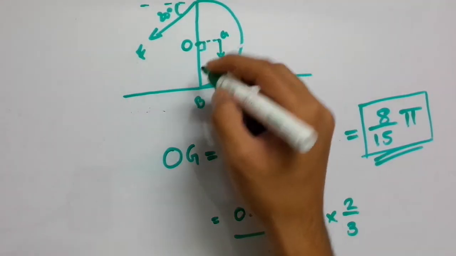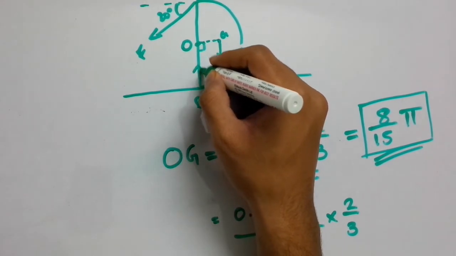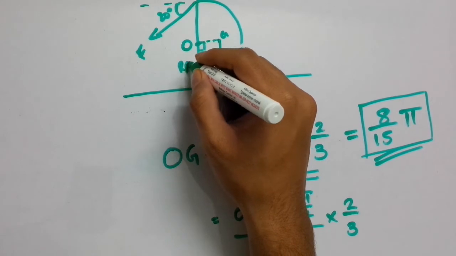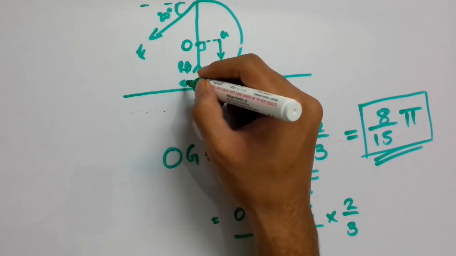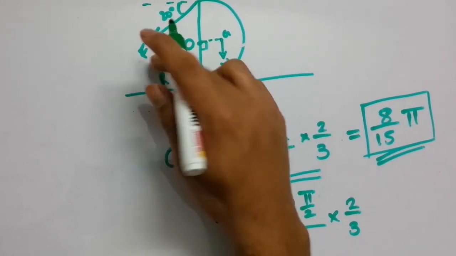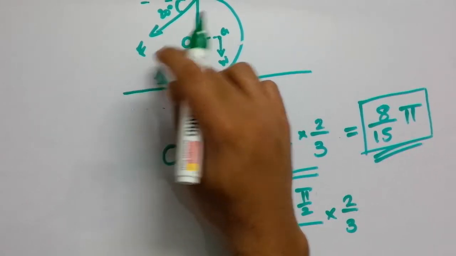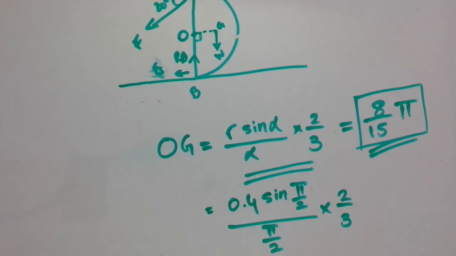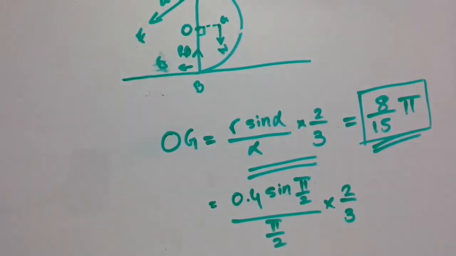And here we have the reaction force and the frictional force. We have the frictional force acting, and we're supposed to find the mass of this lamina.